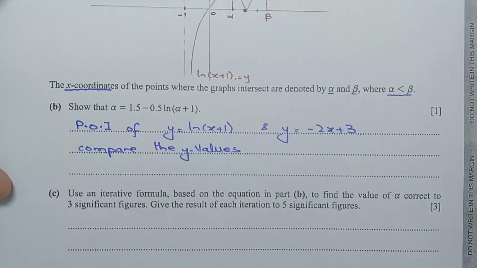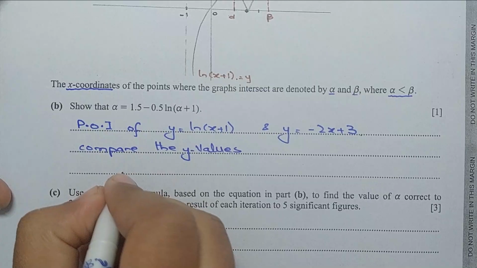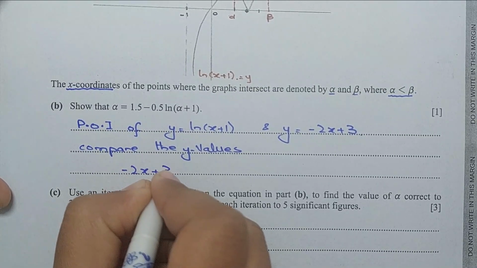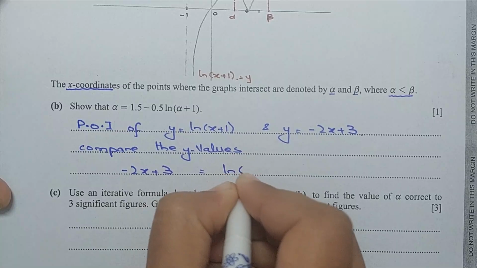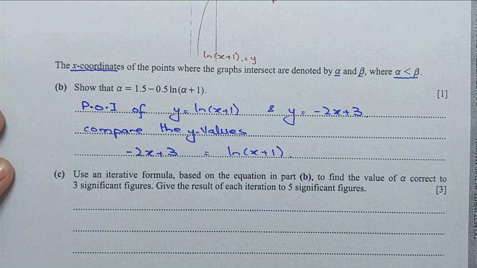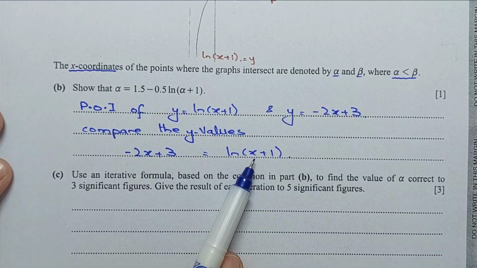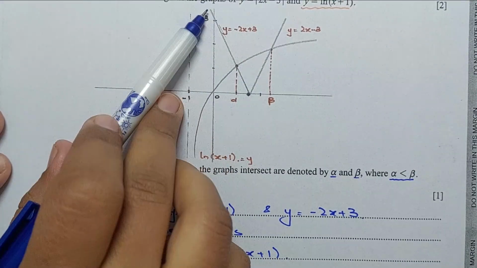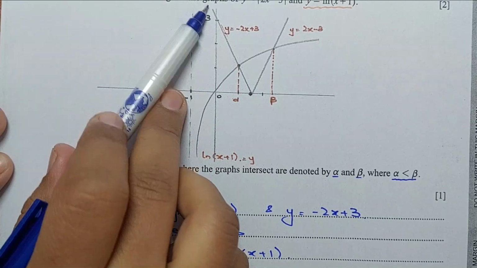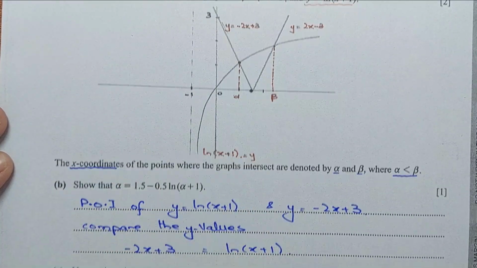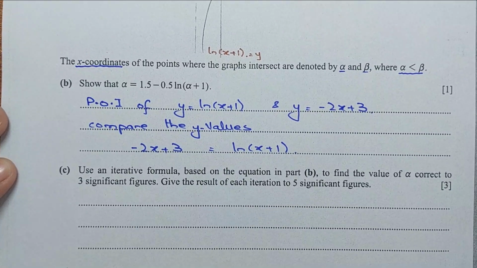When we compare the y values, we can say minus 2x plus 3 equals ln of x plus 1. And as we know, the x coordinate of their point of intersection for this line and this curve is alpha, so we have to replace x with alpha, right? Okay.